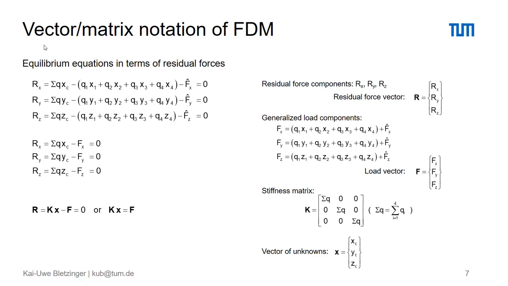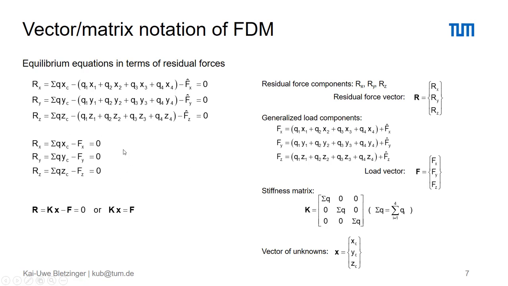Next, we identify these leading sum Q's as components of what we call the stiffness matrix. In this very specific example, the stiffness matrix looks like that. It's a 3 by 3 matrix, so the number of unknowns as columns and rows. And for this specific example, it's just filled at the diagonal. That might be different for other examples. That makes it simpler here, but that's exactly the entry in the stiffness matrix.